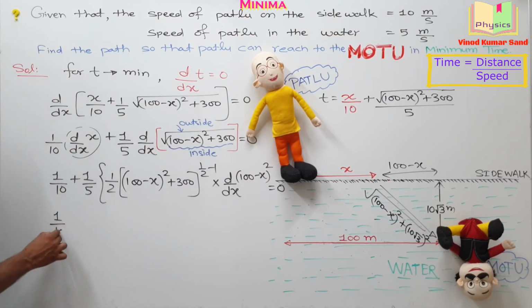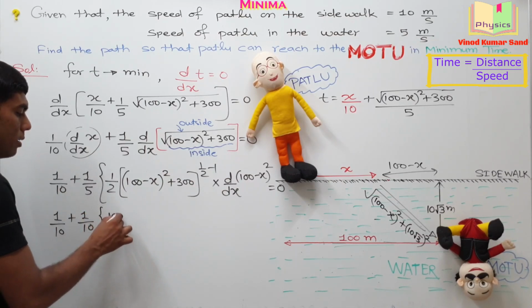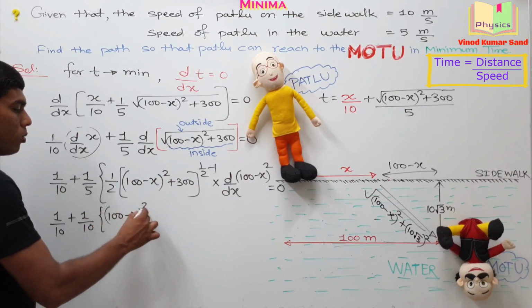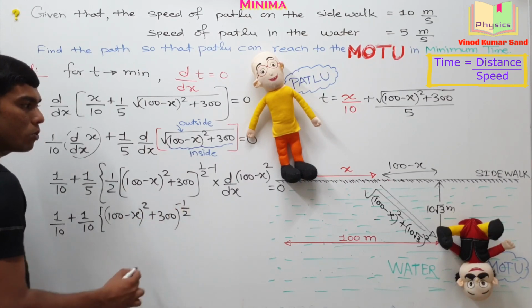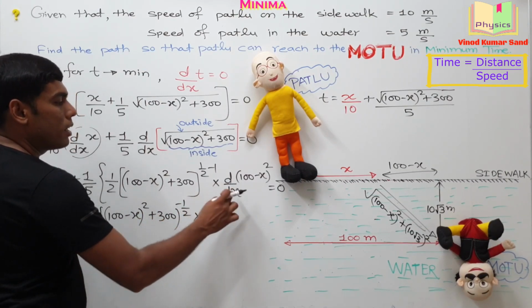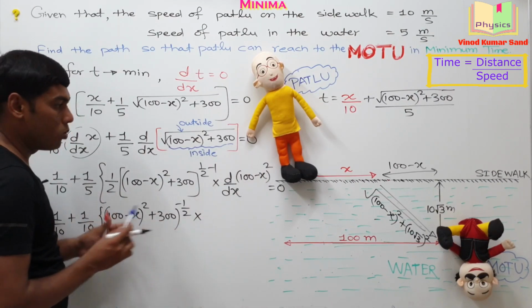Simplified, 1 by 10 plus this 1 by 5 into 1 by 2 will also become 1 by 10, and here will be (100 minus x) whole square plus 300 to power minus 1 by 2 into d by dx of this, which will be again done using the outside inside rule.